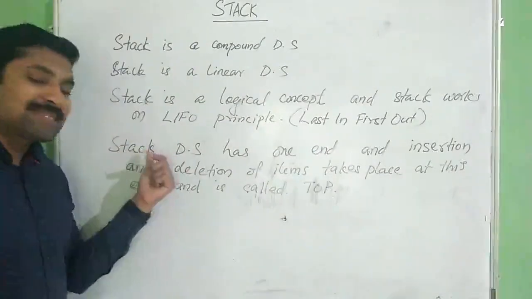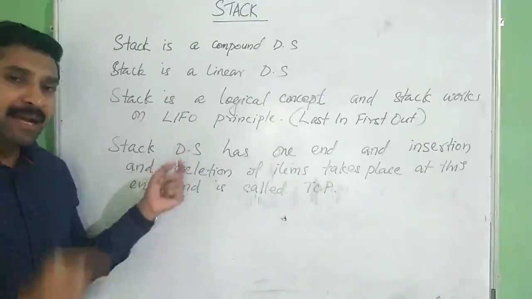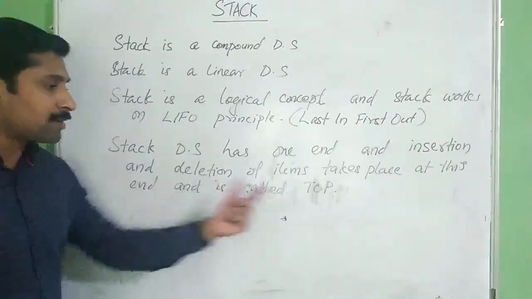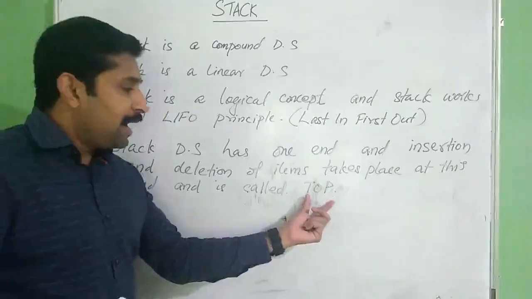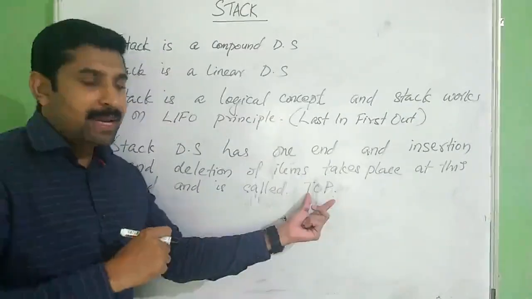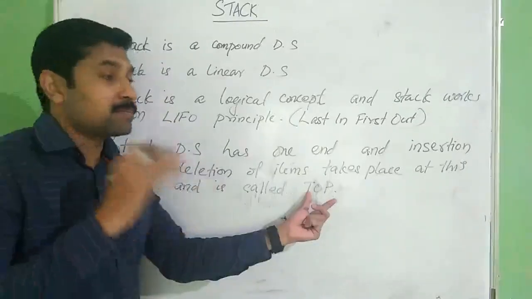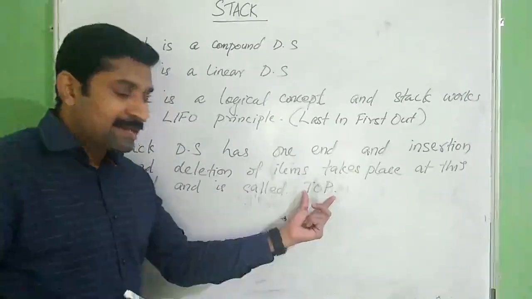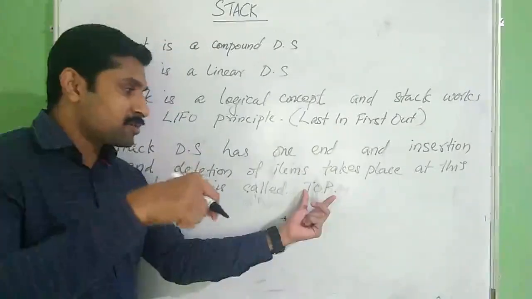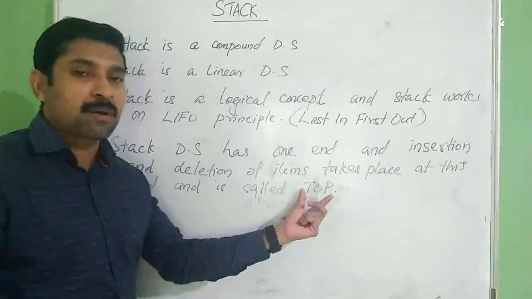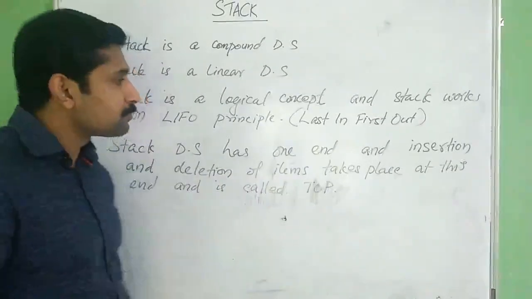So in stack data structure, it has one end called top, and at this top, insertion of new data and deletion of an item takes place. So that end where insertion and deletion takes place is called top.